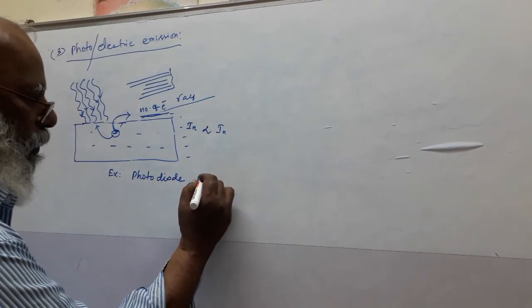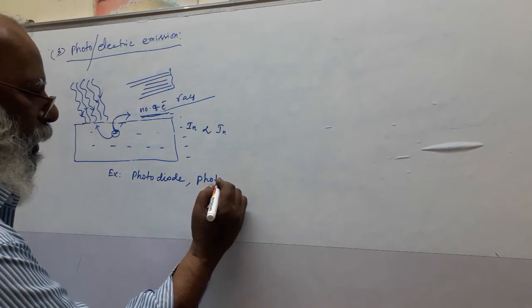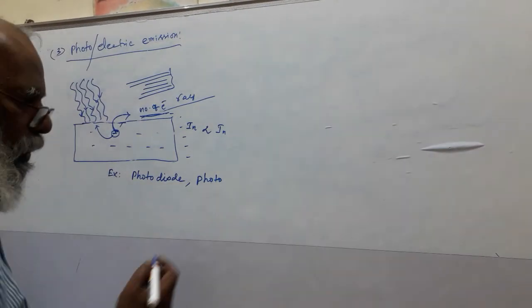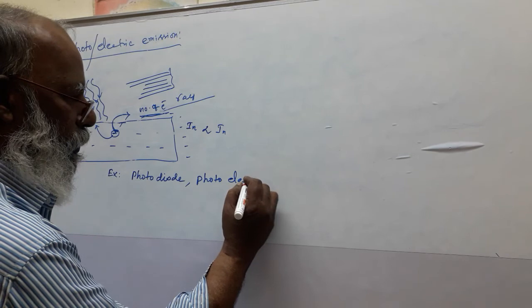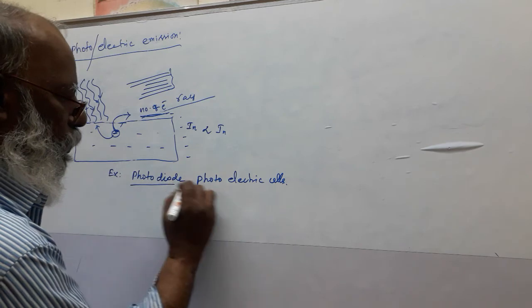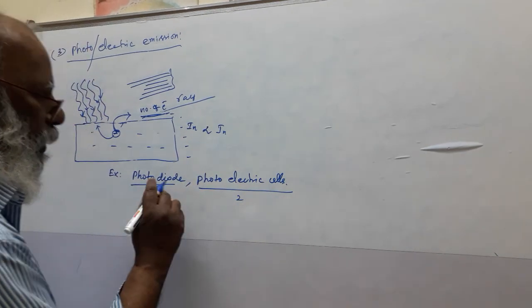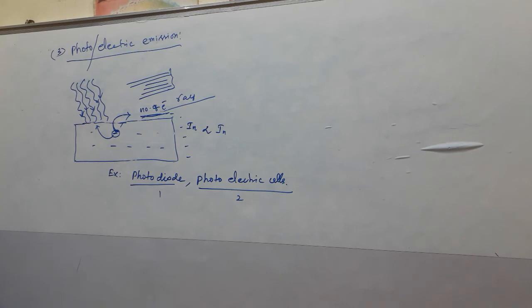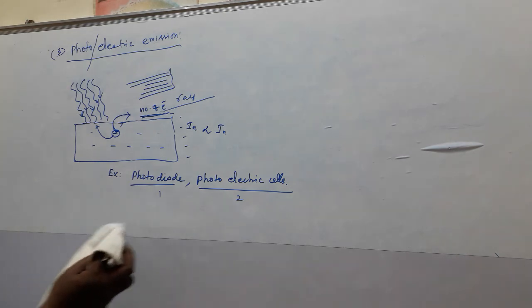In a cinema theater, we have had an opportunity to see photoelectric cells. These two are very important examples for photoelectric emission. I think you are clear. Very important for 3 marks. You have to prepare very well. Then next, the fourth one.